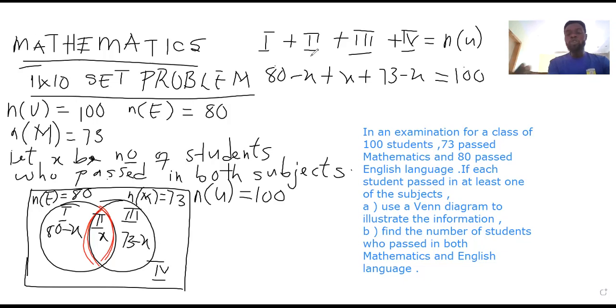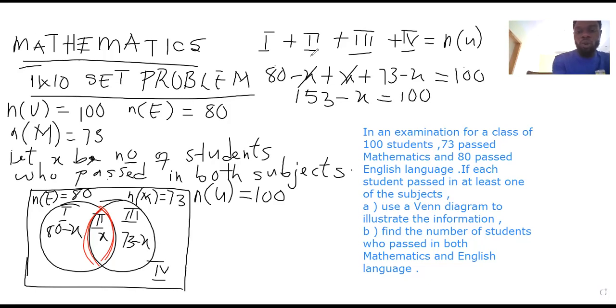Good. We're going to solve for X. Now we have negative X plus X, which will cancel out and give you 0. Now we add 80 to 73. 80 plus 73, that is 153, minus X equal to 100.